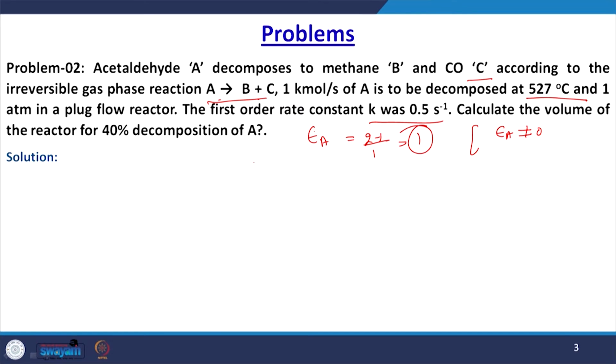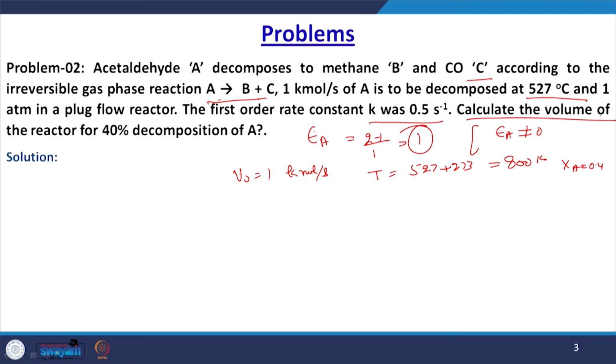Now it is given that we are dealing with a first order reaction with k equal to 0.5 per second. V naught is equal to 1 kilomole per second, T is equal to 527 degrees Celsius plus 273, that is 800 Kelvin, and XA is equal to 0.4.